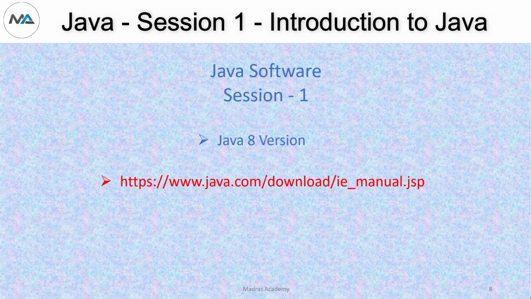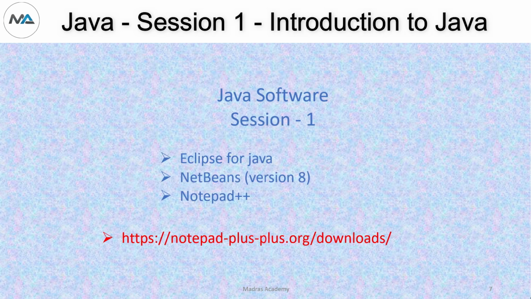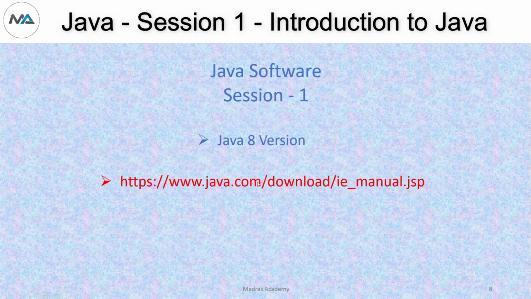So only these two softwares we need. Notepad Plus is the editor, and here only we need to write the code. Using the Java 8 software, I'm going to execute the program. So only two softwares we need.